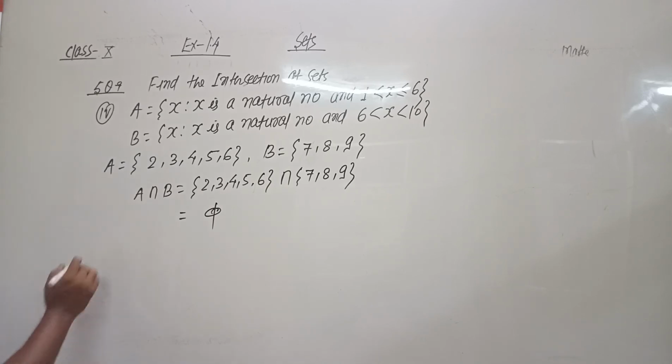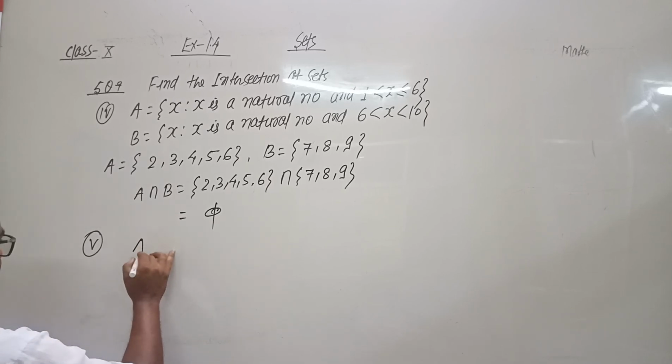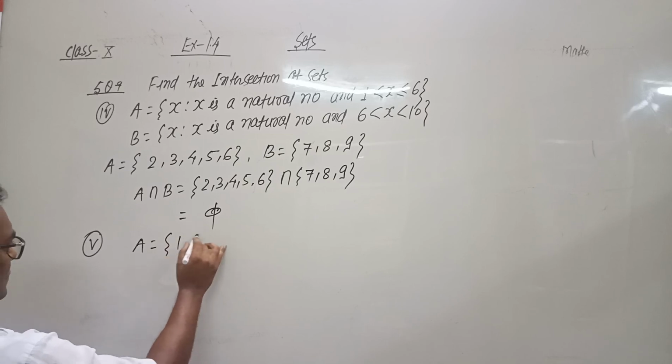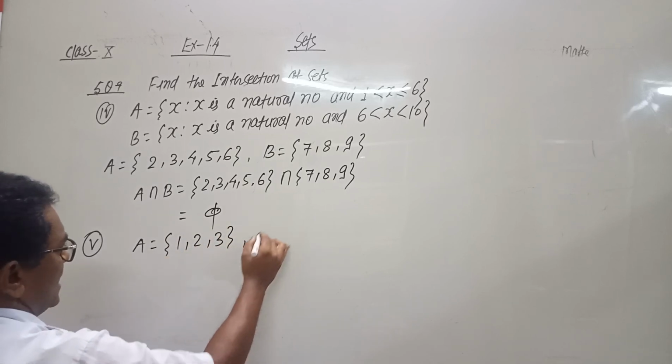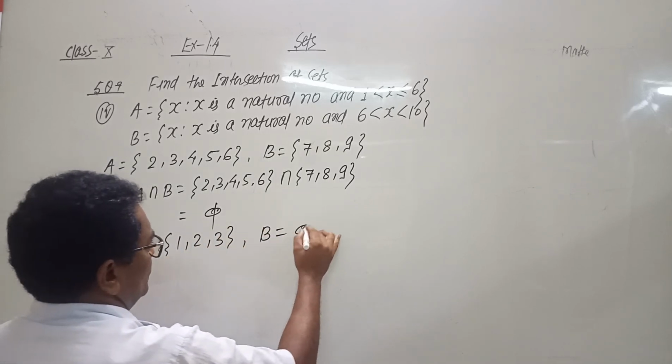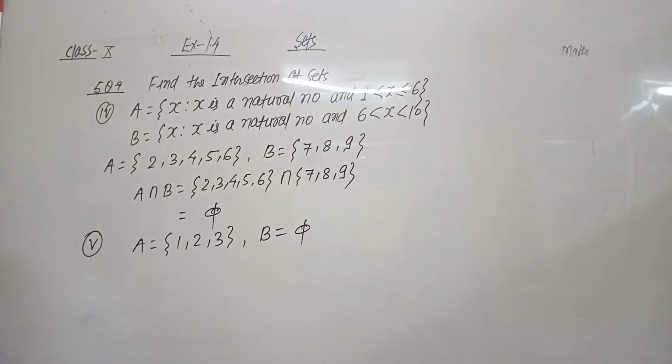Now fifth part. Set A equals to 1, 2, 3 and set B equals to 5.